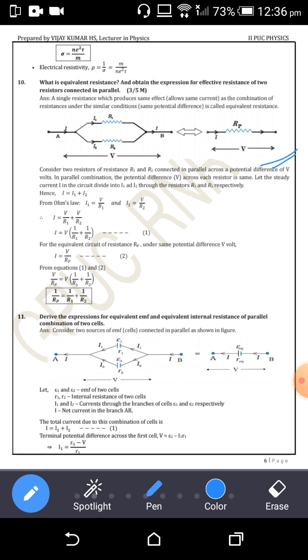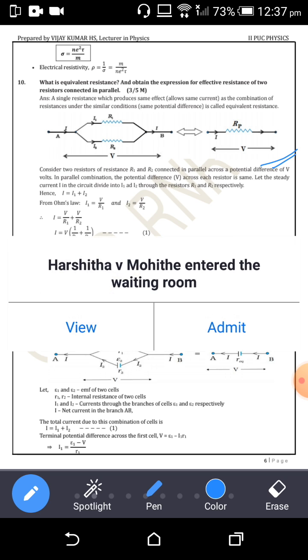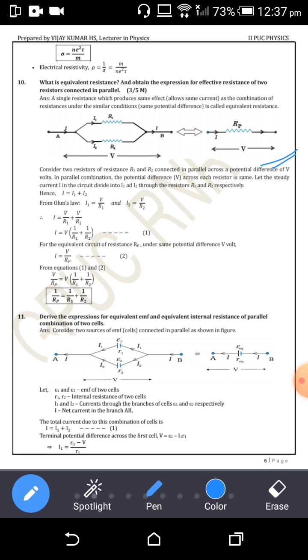Cancelling V on both sides, we get 1 by R subscript P is equal to 1 by R1 plus 1 by R2. This is the expression for effective resistance of two resistors connected in parallel.